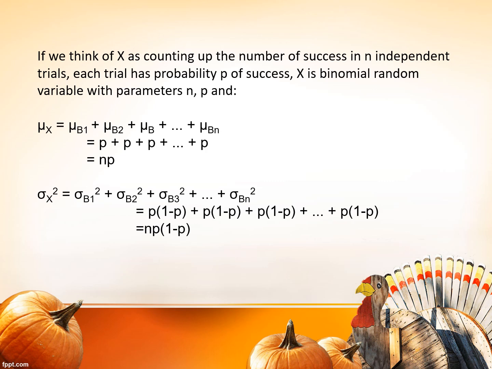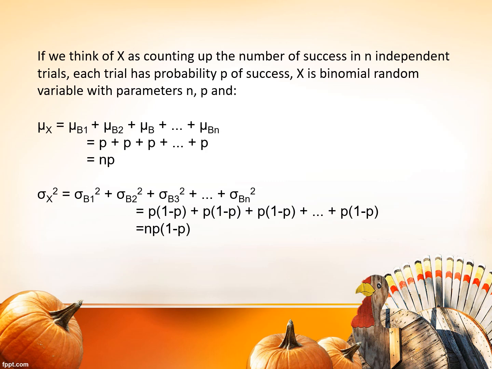So if we think of X as counting up the number of successes in n independent trials, where each trial has that probability of success, and X is a binomial random variable with parameters n and P, then take a look at this. If I'm trying to find the mean of X, I would take the mean of the first and the second and the third and the fourth and the next one, which we just looked at in the previous example, and said the mean is just P.